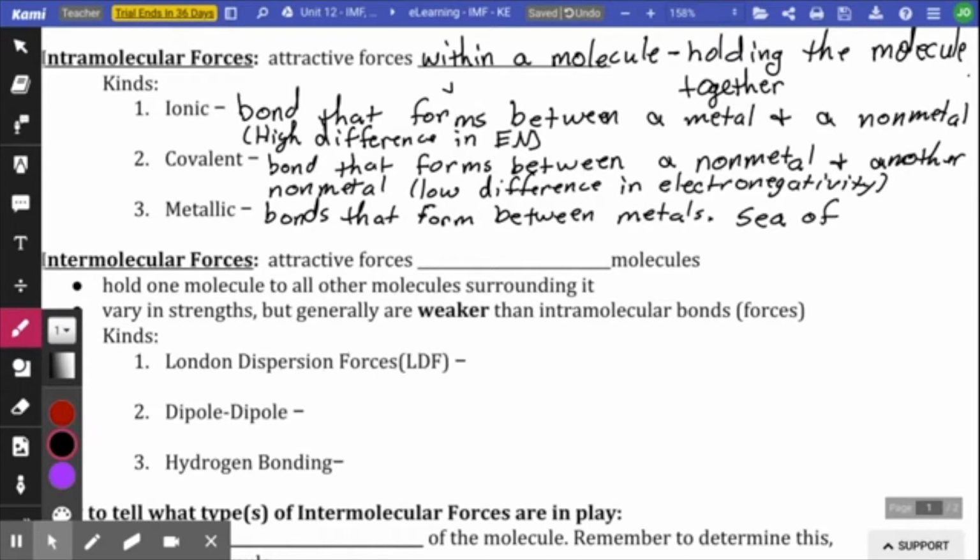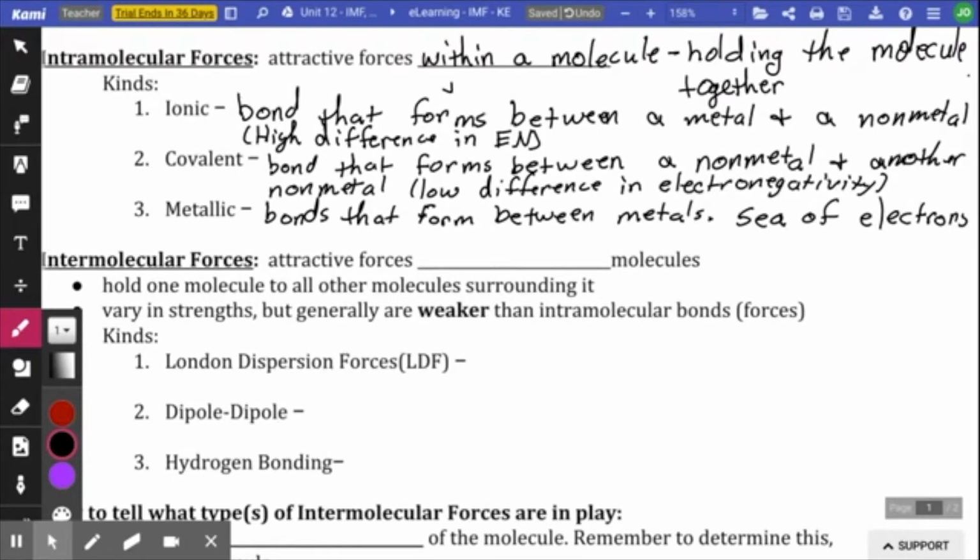Those electrons are free to move about the entire molecule and all of the ones that are nearby. Okay, so that's intramolecular forces. Again, that's that internal bond in those molecules.